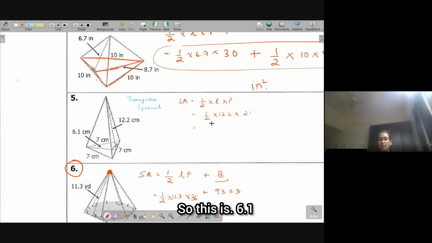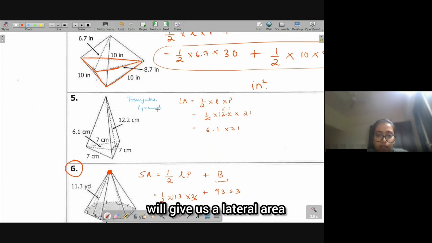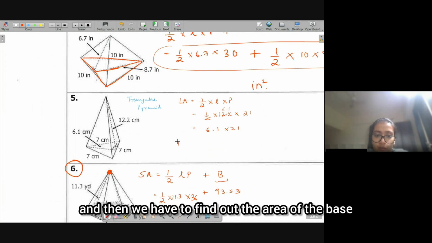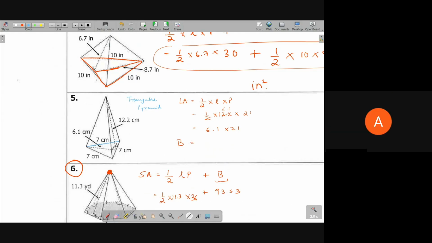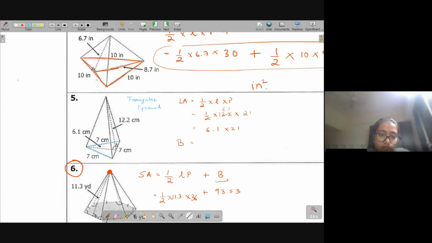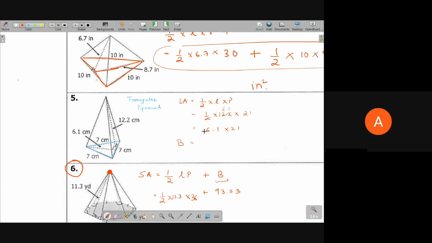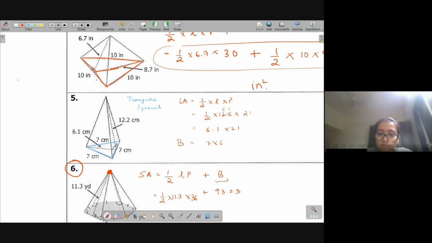So this is 6.1 times 21, which will give us the lateral area. Then we have to find the area of the base. The base is a triangle, so base times height divided by 2, so 7 times 6.1 over 2.